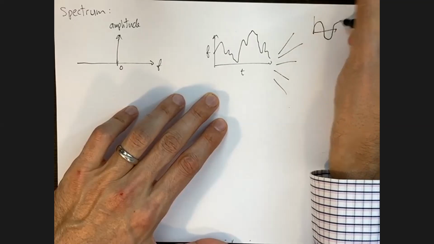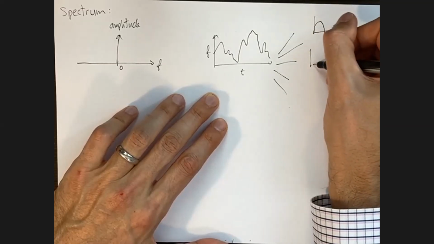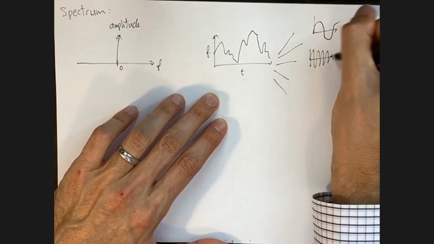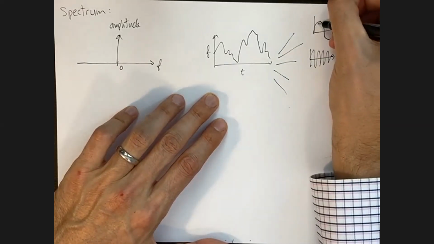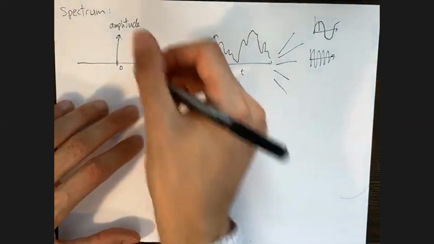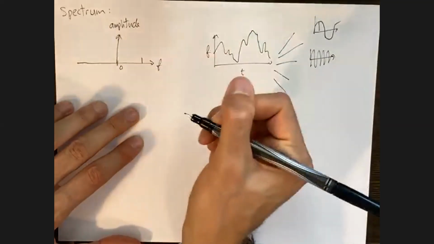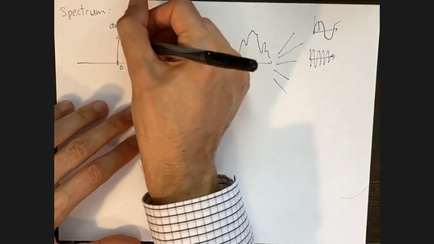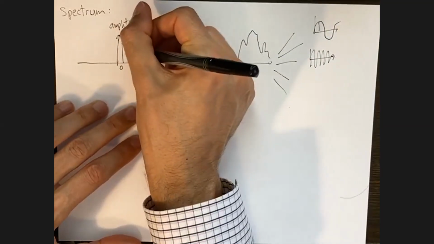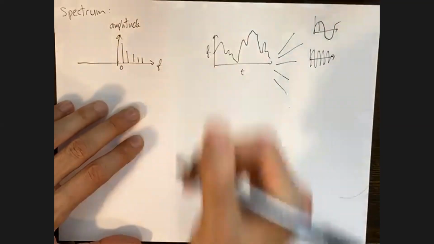We have the low frequencies here, and then we may have the high frequencies. For each frequency, we can measure the amplitude and plot it here. So for example, this will be a high frequency signal, and there may be a low frequency, and then all the frequencies in between.